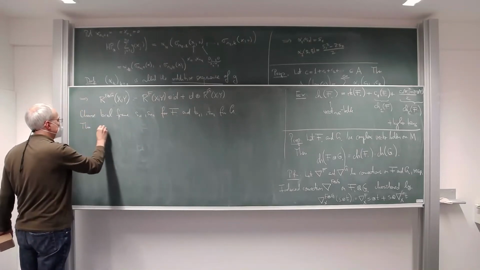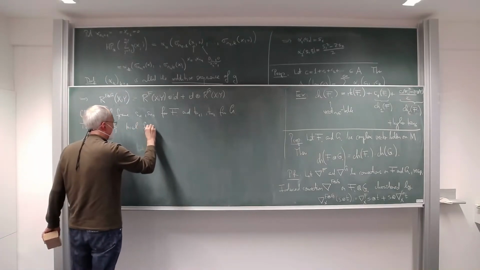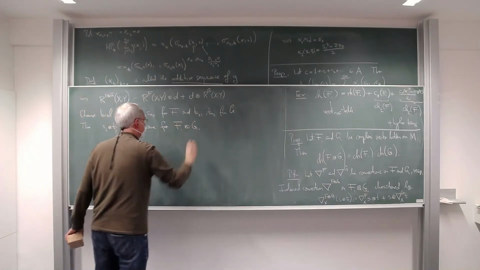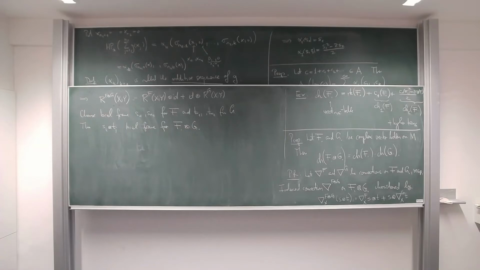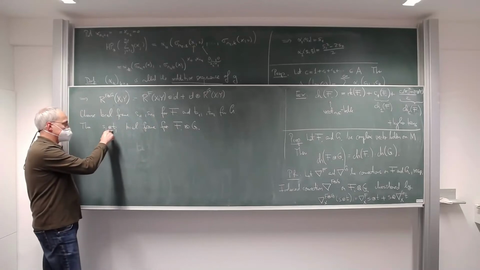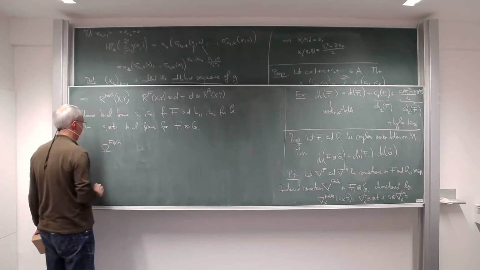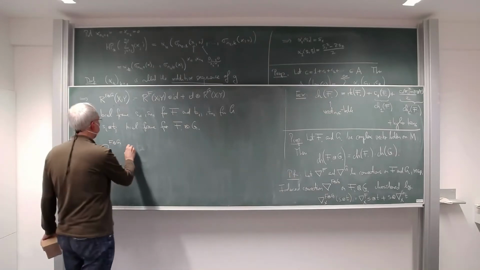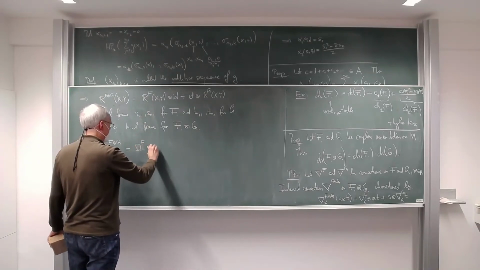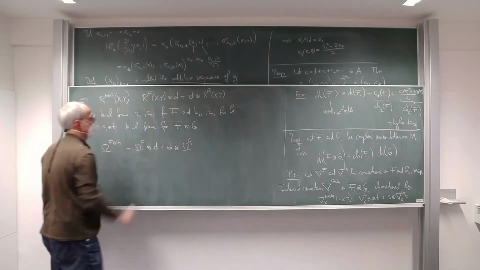Then Si tensor Tj is a local frame for the tensor product bundle. Now if I express the curvature matrix in these frames, then I get a corresponding curvature matrix also in that frame. So that would be omega F tensor G. And what is it? Well, then it will just be omega F tensor identity plus identity tensor omega G by this first formula.